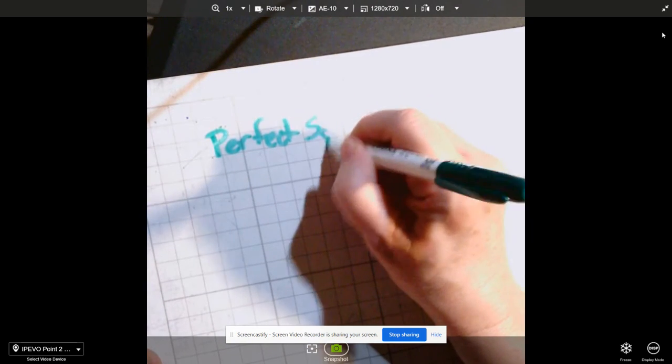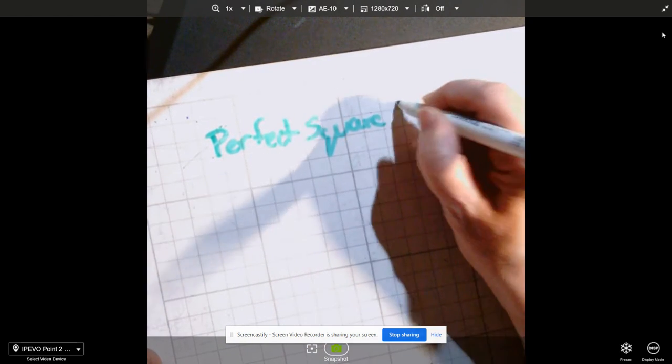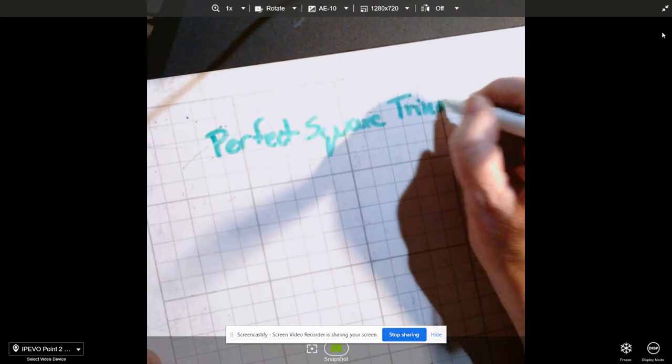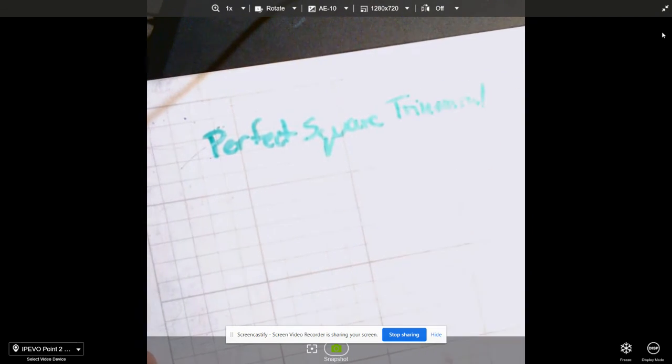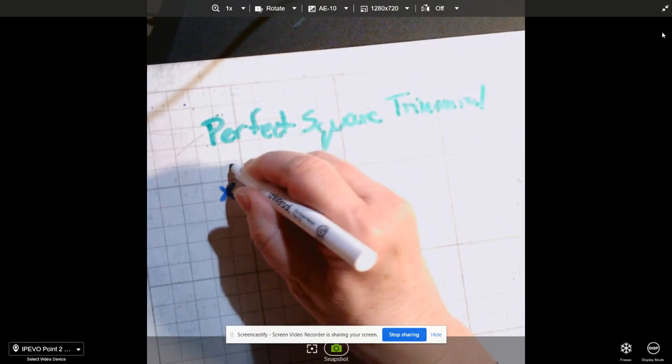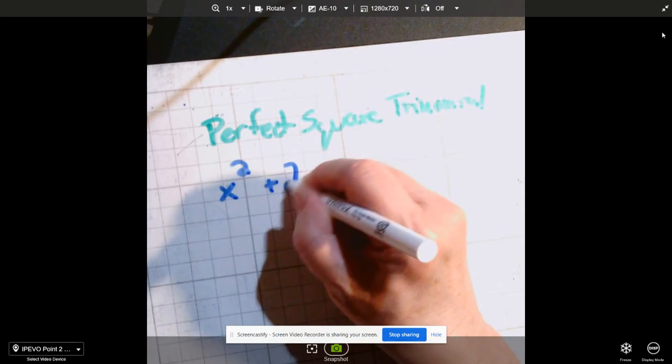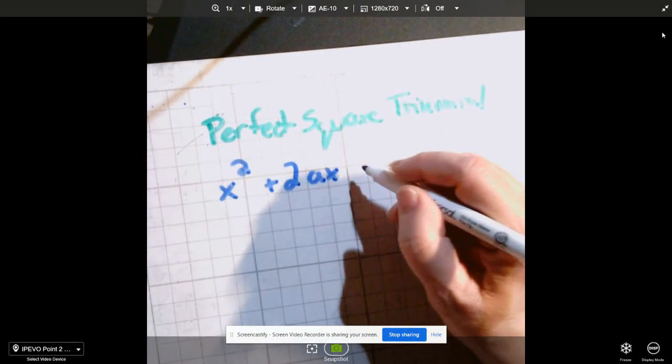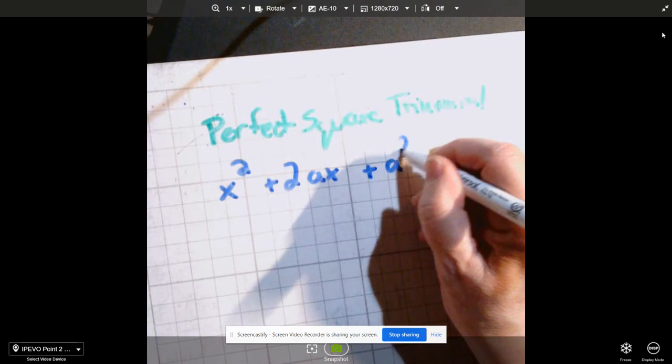Perfect square trinomial. So now you're going to have three terms. It will look something like this: x squared plus 2ax plus a squared.